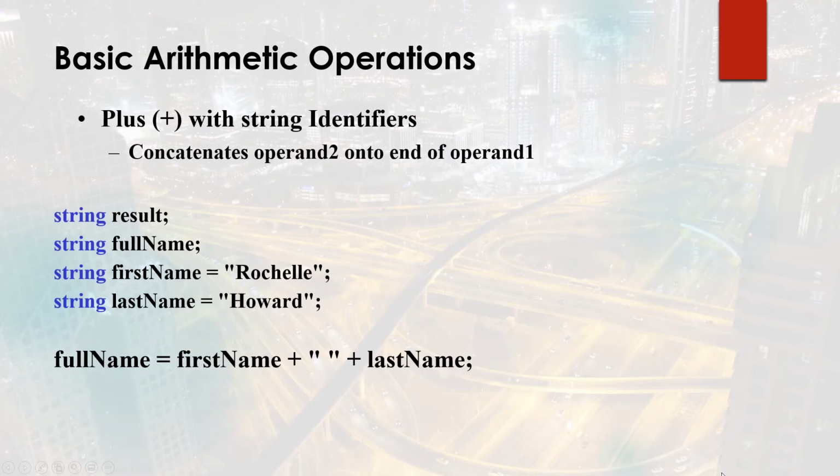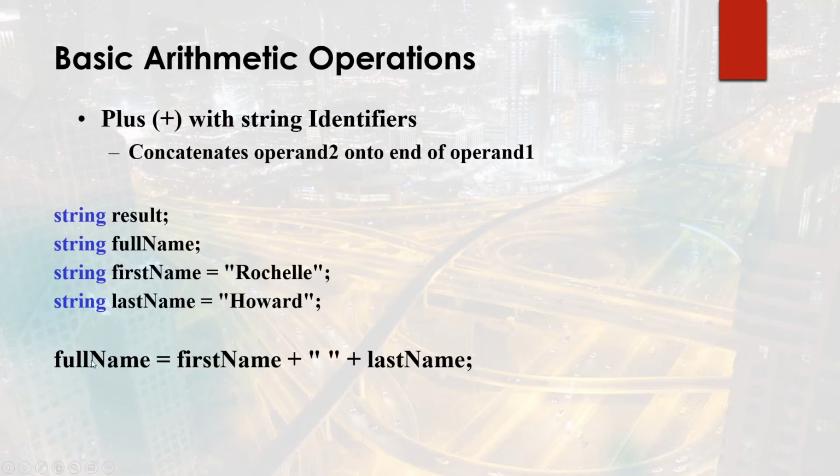Some other basic arithmetic operations. Plus with a string identifier. If you remember right, in some of what we were doing, we were adding strings together, and that is a mathematical operation. So if we look down here, string full name, string first name equals Rochelle, and string last name equals Howard.